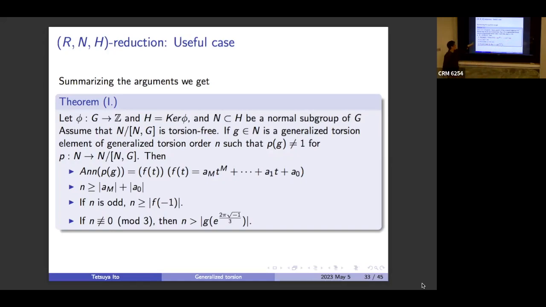And if n is odd, it is bounded by the absolute value of f of minus 1, and so on. So the point is that under this condition, we have an estimation of n, the generalized torsion order.